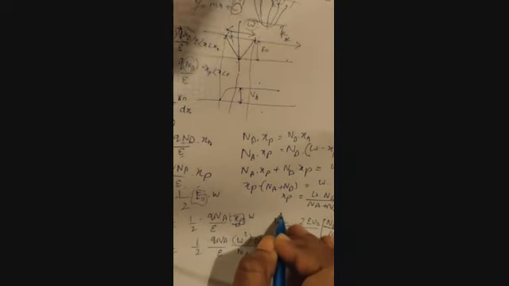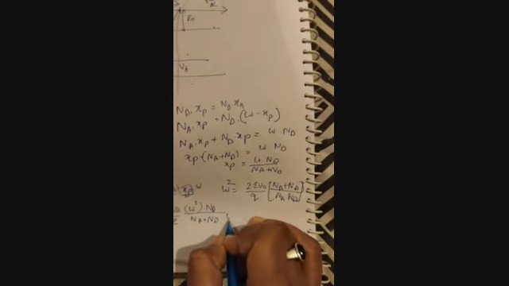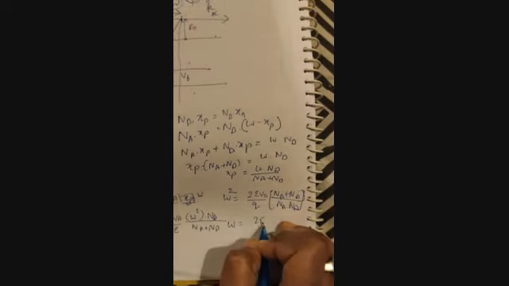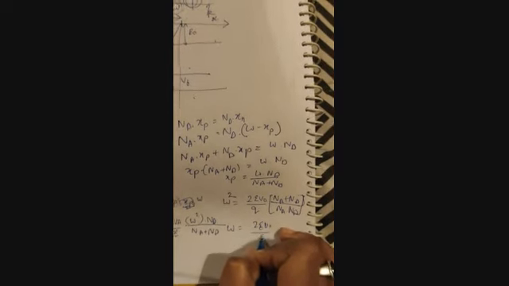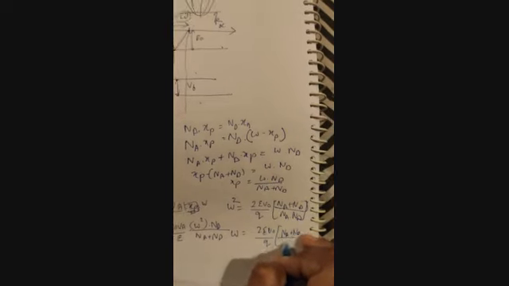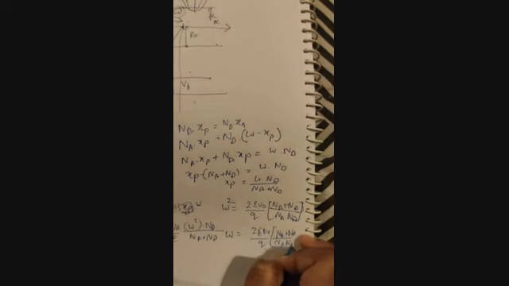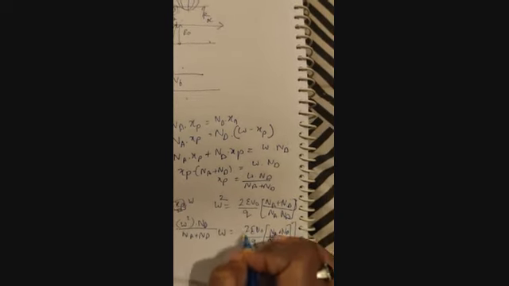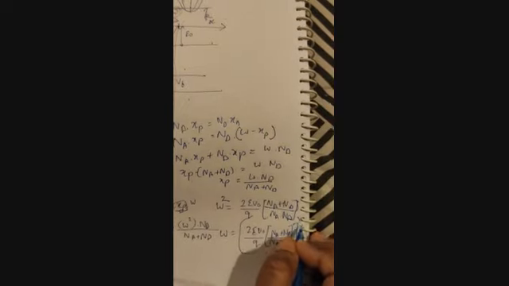You can see here this will go upside and this will go downside. What remains is W squared. So the value of W will come as 2 epsilon V naught upon Q into Na plus Nd upon Na into Nd, the whole to the power 1 by 2.